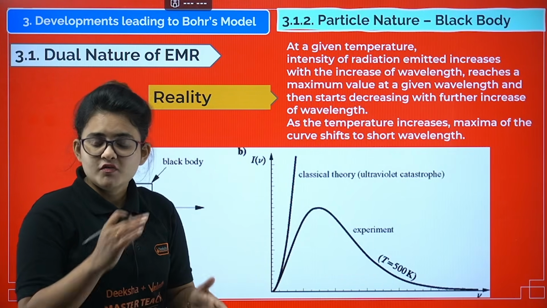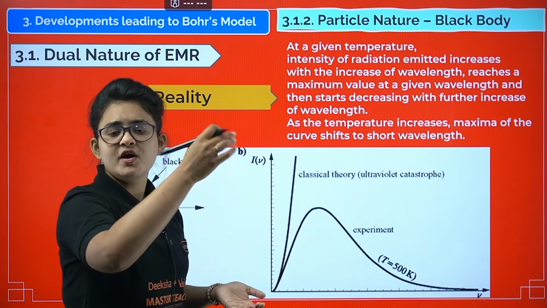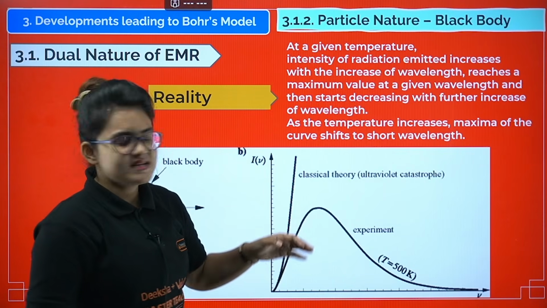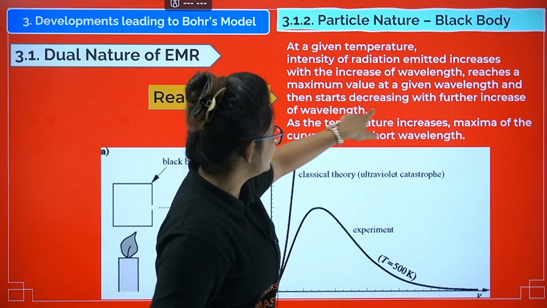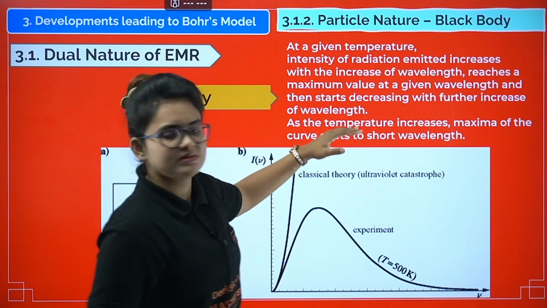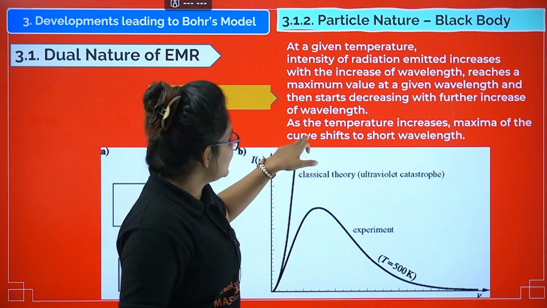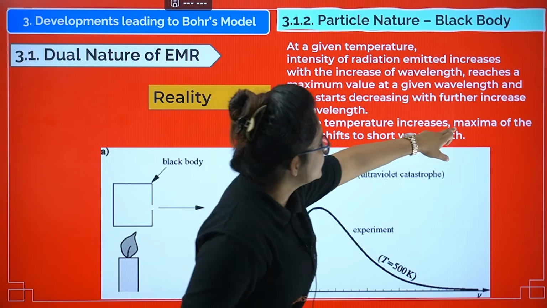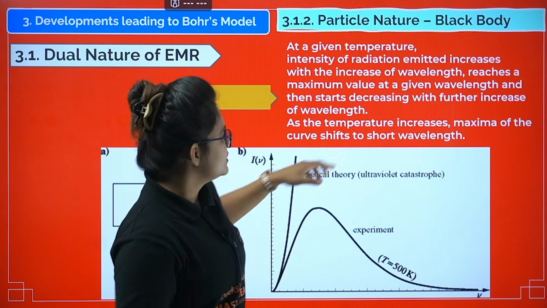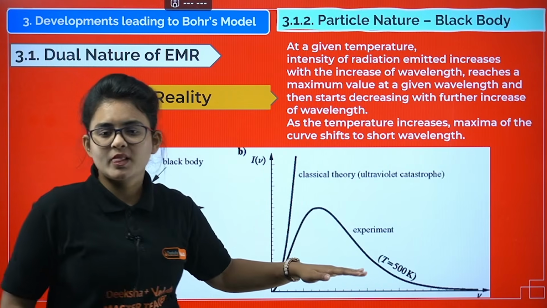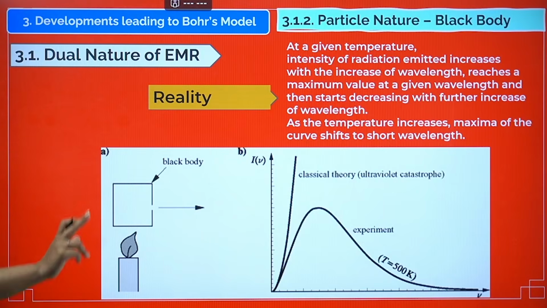This is the nature. First it increases, it reaches the maximum point, then it decreases. As the temperature increases, the maxima of the curve shifts to shorter wavelength. I guess this is clear to you. Let's go ahead.